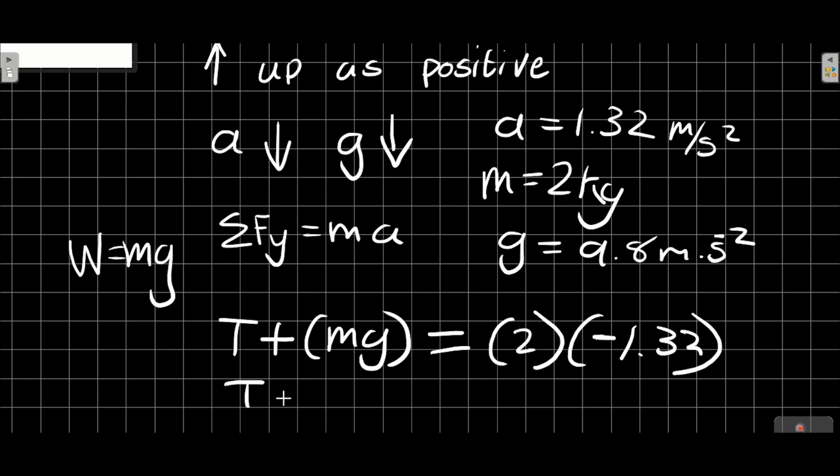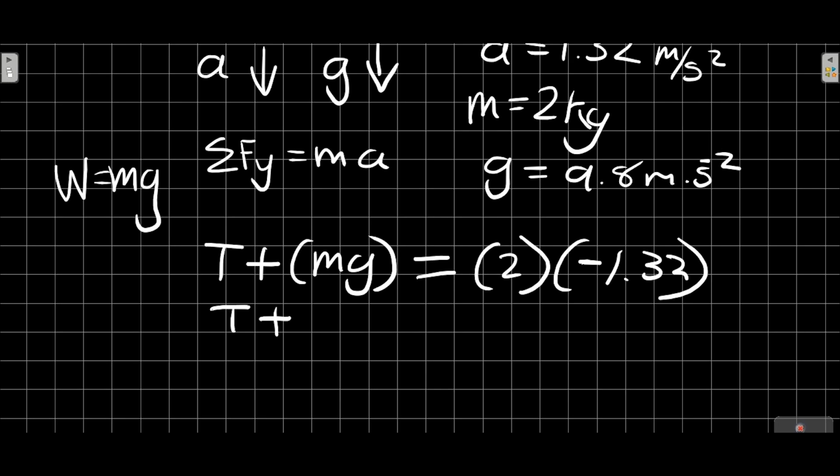Our tension is what we're looking for. Our weight is equal to mg. Our mass is 2 kg, and gravity acting downwards, so we put the negative there, is 9.8 meters per second squared.